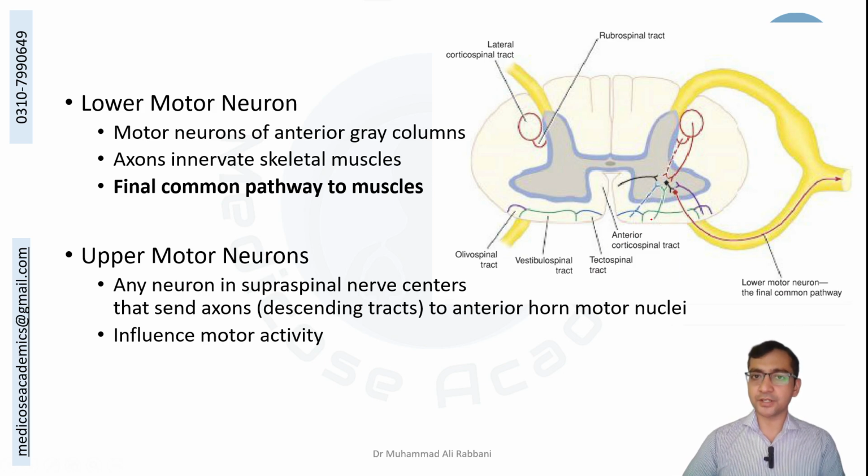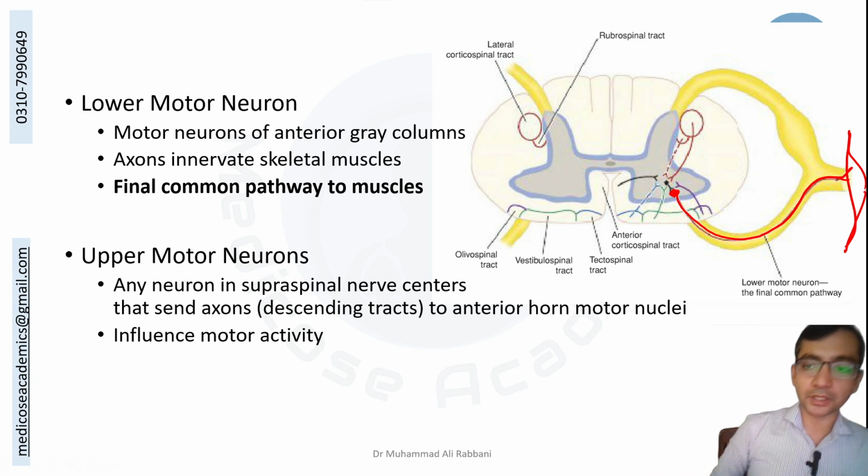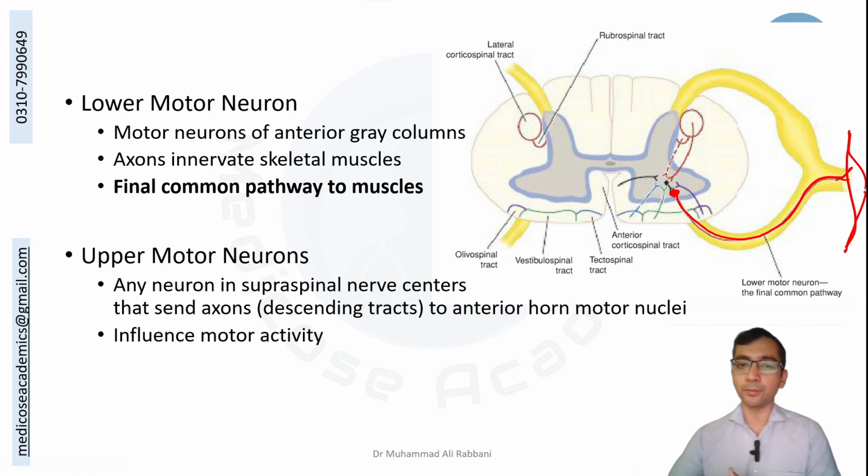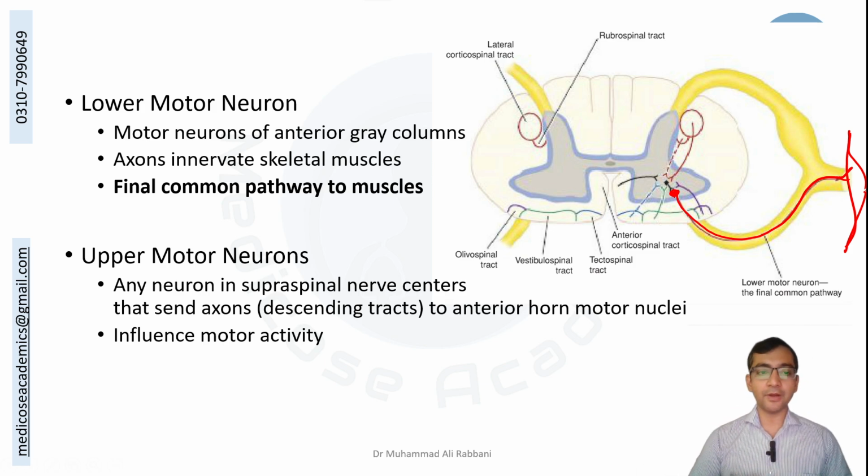In this picture taken from Netter's, this is the last cell body that produces an axon, and it synapses at the neuromuscular junction to supply that muscle. In other words, you can call it the final common pathway, the last neuron that makes the neuromuscular junction.